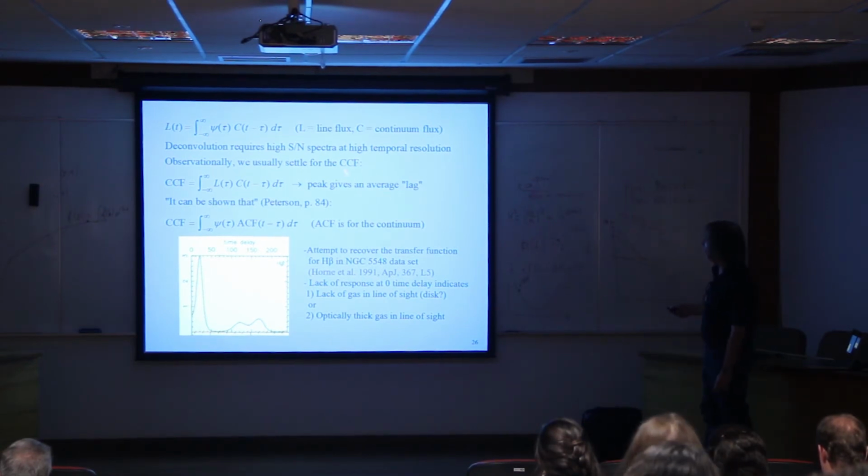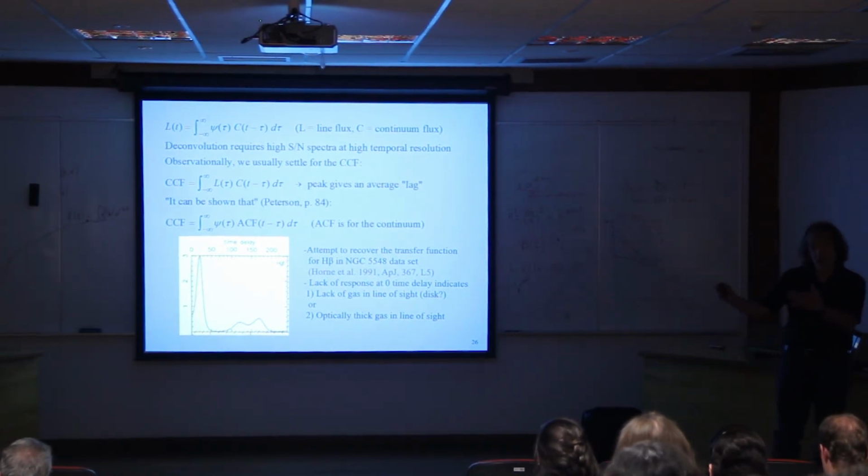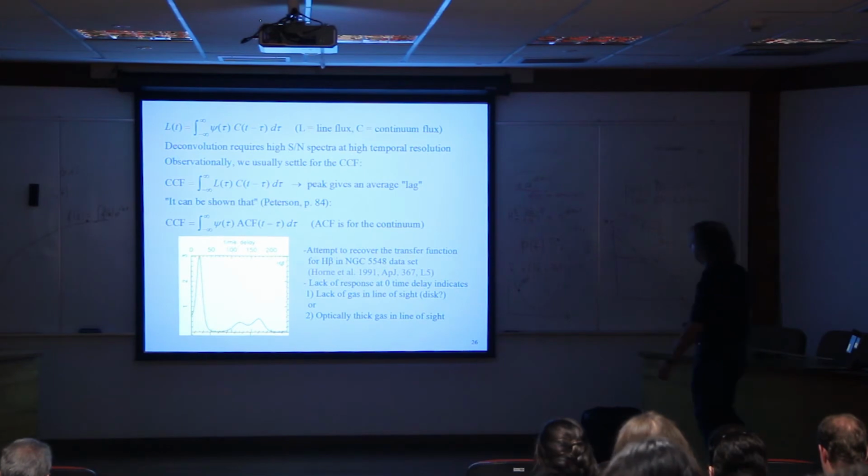You can actually get the cross-correlation function here, which is what I was talking about before, which is this line luminosity times that. And here's kind of an average lag. And that's kind of the best thing you can do there. The thing I showed you before shows the changes in the continuum and then a lag time for the radiation from the emission lines.